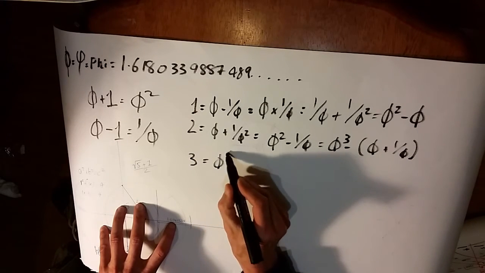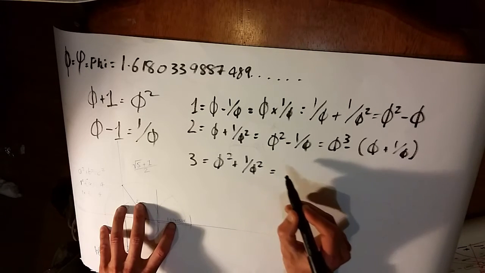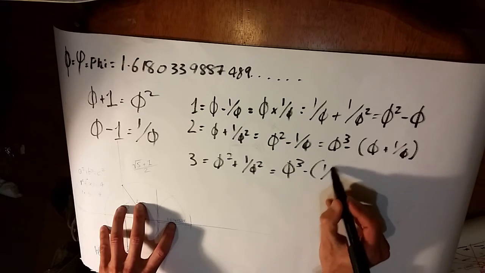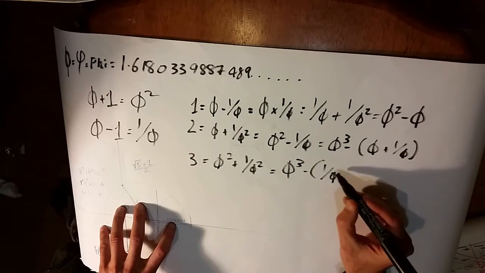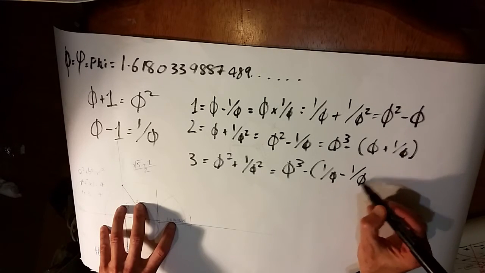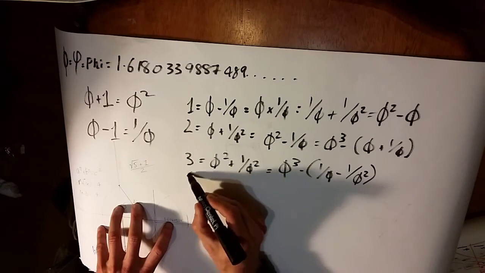So also phi squared plus 1 over phi squared, or phi cubed minus 1 over phi, 1 over phi minus 1 over phi squared, and a few others. It could go on.